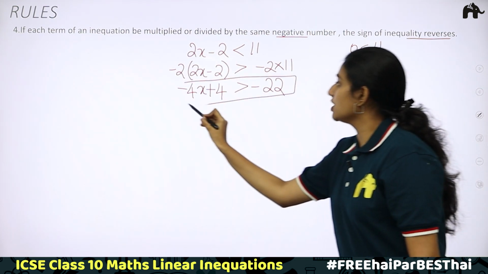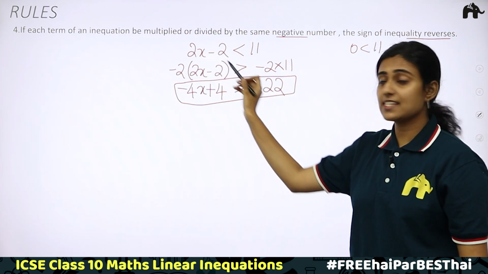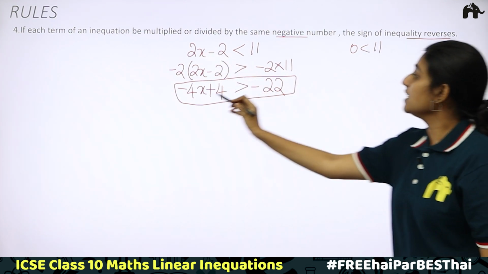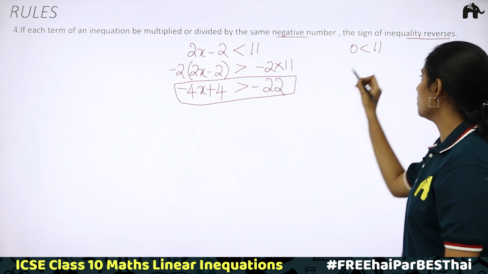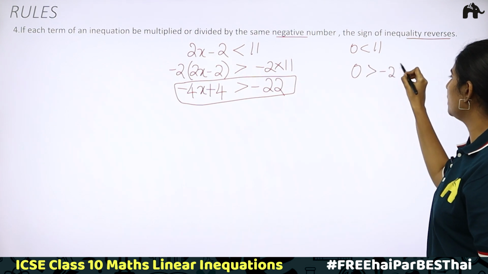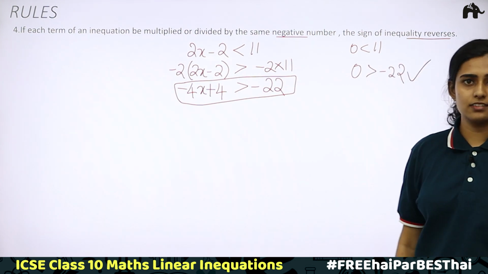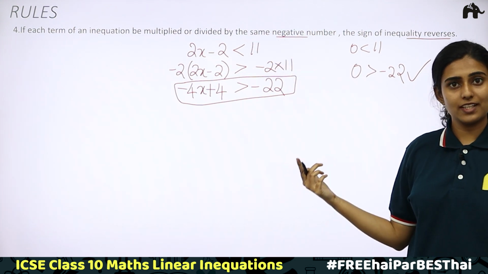To this condition, let's put the value of x as 1. Minus 4 into 1 is minus 4. Minus 4 plus 4 is 0. We'll be getting 0 greater than minus 22. This is correct. Hence, we have proved that this rule is true. Clear?